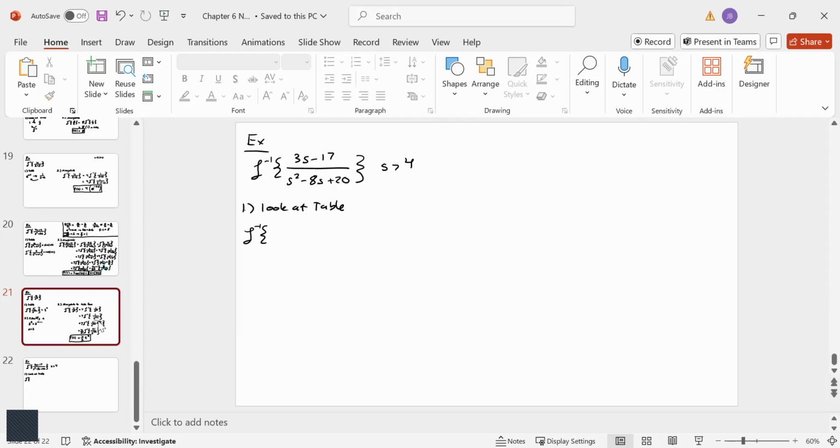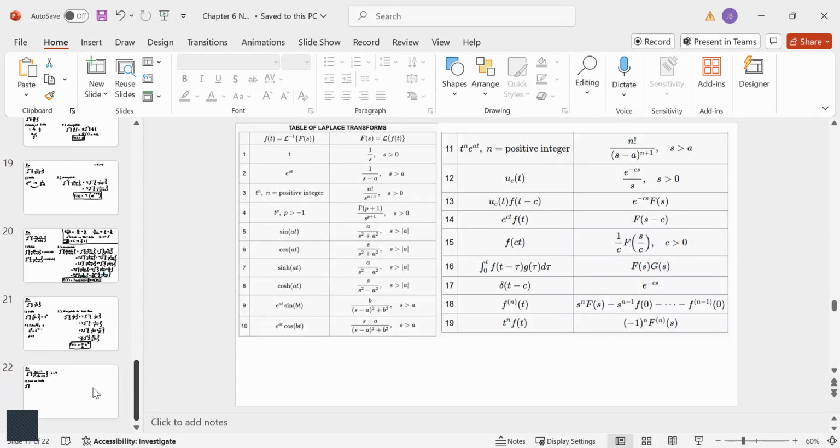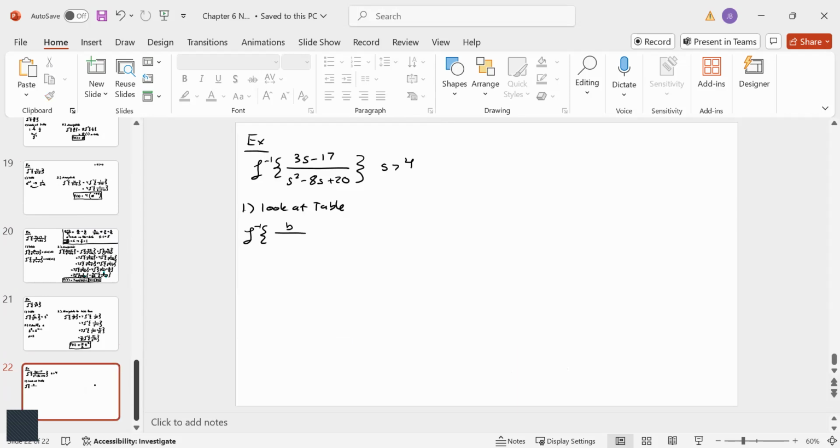So the inverse Laplace of, where'd it go? Sorry. b over s minus a squared plus b squared is equal to, and I'm just going to have this on my other screen so I don't have to keep going back and forth, e to the at sine of bt, like that.